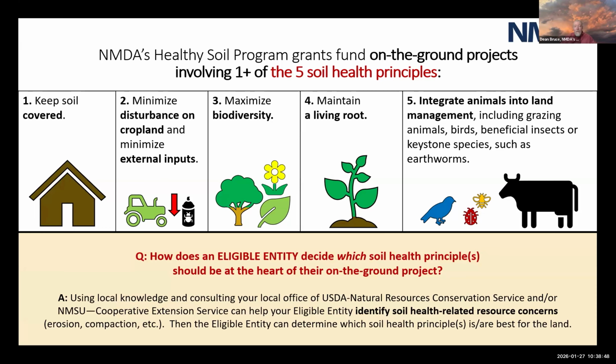Any of these entities can help you as an eligible entity identify those soil health related resource concerns that you want to focus your project on. This could be erosion, compaction, organic matter depletion, things of that nature. But it's up to you as the eligible entity to use all your resources available to identify those soil health related resource concerns that you want to focus on.